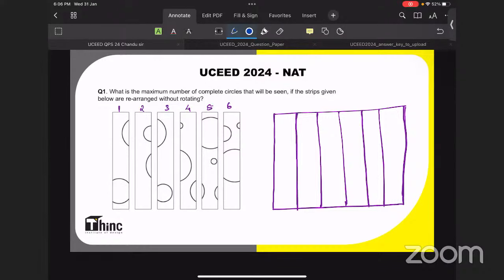First of all, I need to find strip number 1. That is my first challenge. Identifying strip number 1, meaning the first strip and the last strip, is the first question. My guess is the first strip will have some plain area on the left.